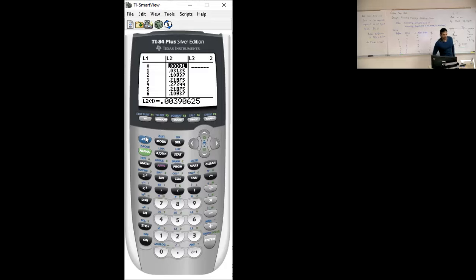So to find the p-value, we have to come up with the area above and below the test statistic. The area above the test statistic we can find using what distribution again?